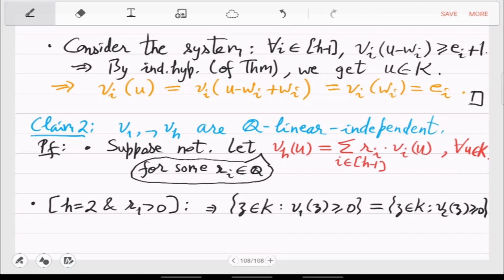Is that clear? Because V1 is just, let's say V1 is 2 times V2 or 3 times V2. So in that case, you can see that if one is non-negative, the other is also. So you get the DVRs to be equal.